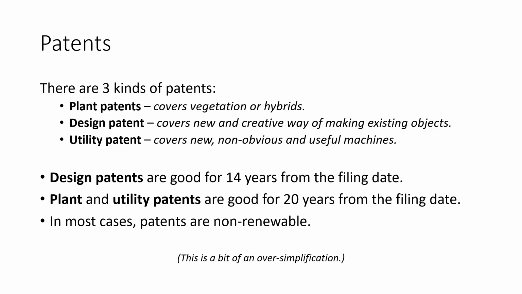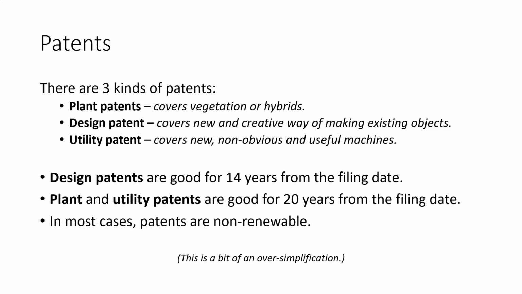Those are the things that are covered with a design patent. With a utility patent, we're talking about what the object does, how it functions, and how it is used. So that's a utility patent.